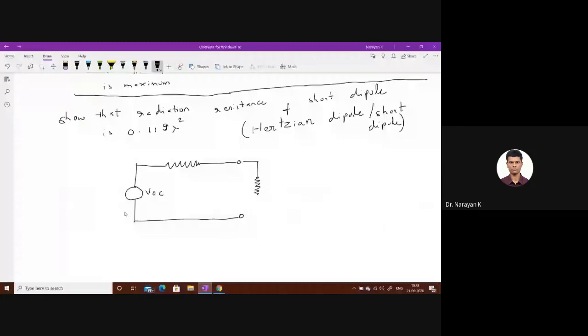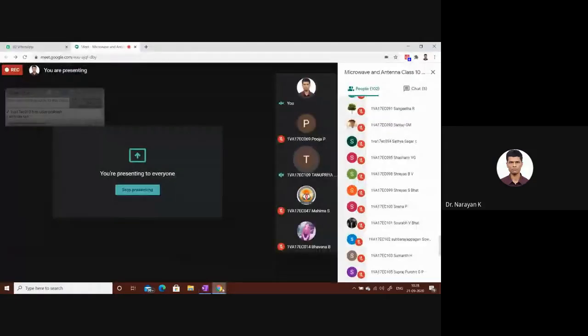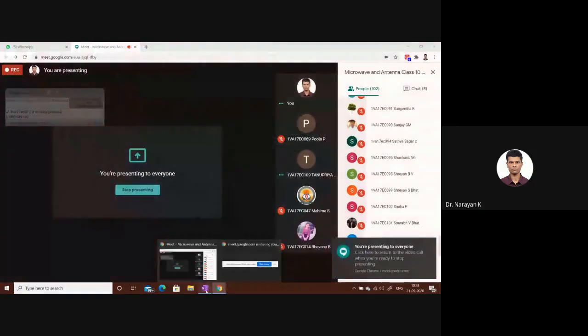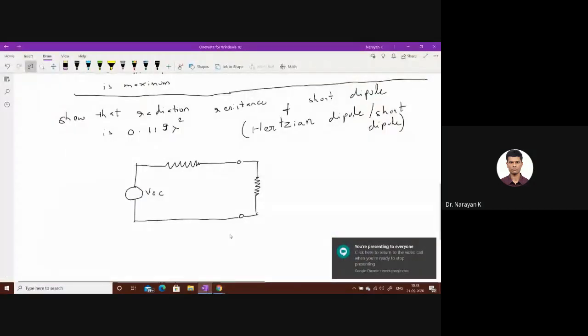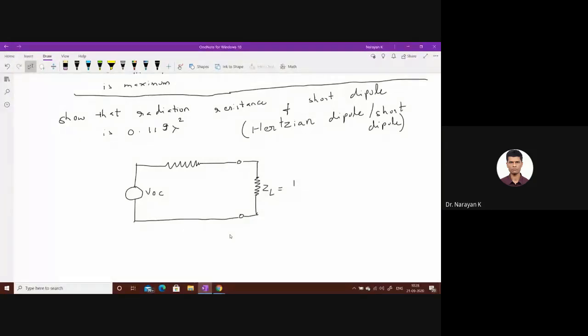Yes, sir. We are able to see. This is your load impedance ZL. This is Z equal to R radiation resistance plus jX.